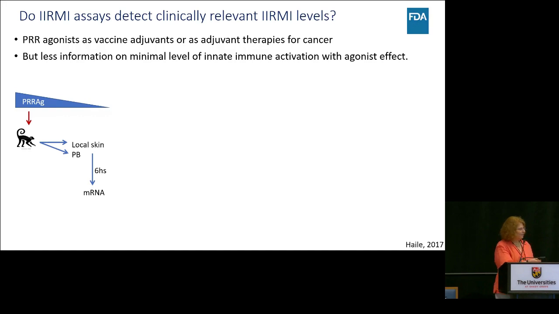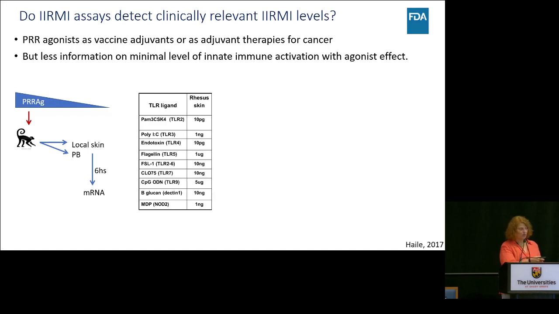We took skin, and to make a very long story short, we were able to show the lowest amounts of individual PRR ligands or TLR ligands that would induce an immune response in vivo. And we use this to sort of guide our understanding.